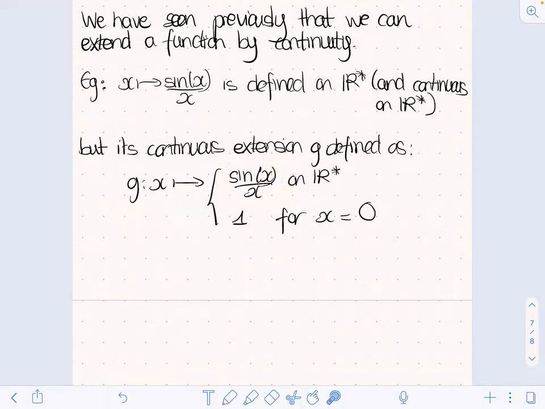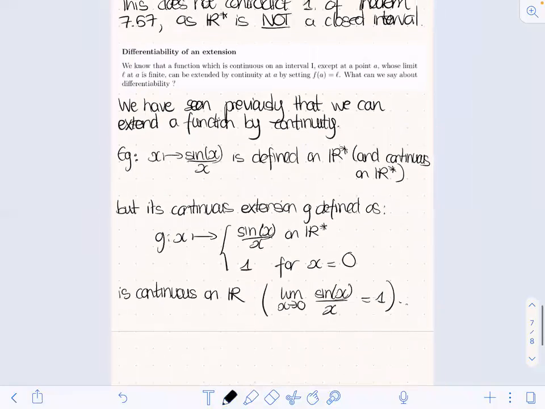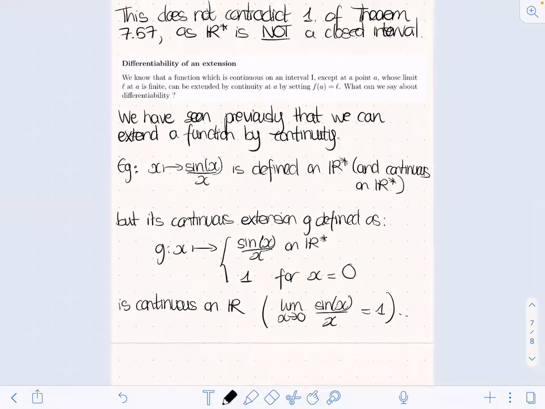As the limit of this when x goes to 0 is equal to 1, if we just add the point equal to 1, we get a function that's continuous on R. So the important thing to note is that the limit when x goes to 0 of sine of x divided by x is equal to 1. Yeah, so that was the idea of a continuous extension of a function.